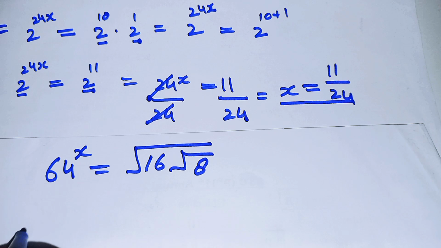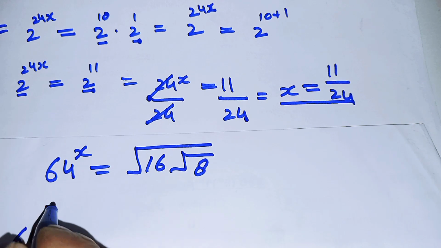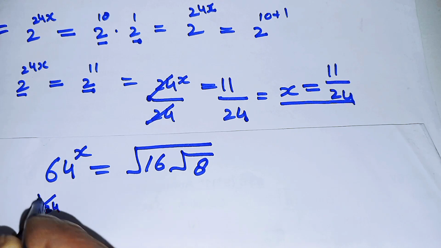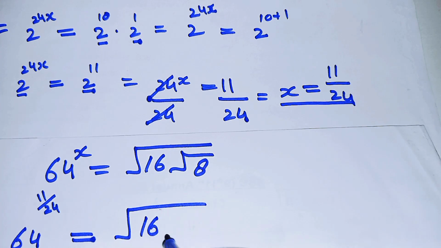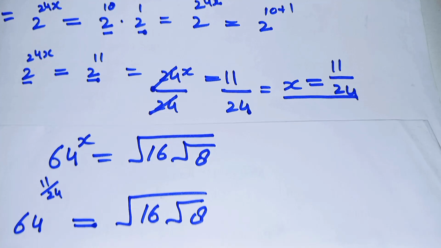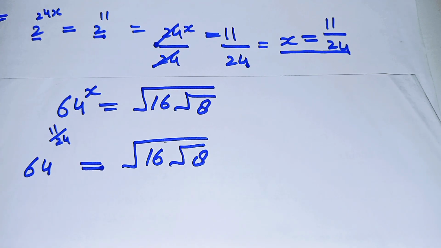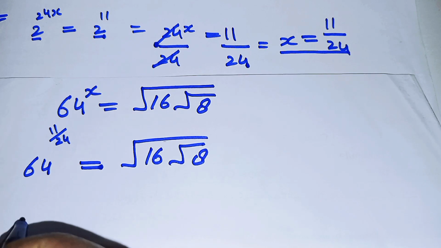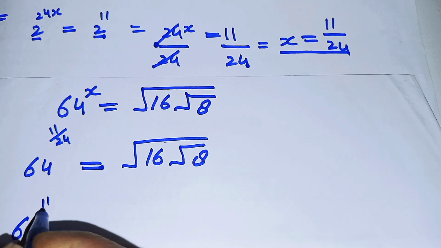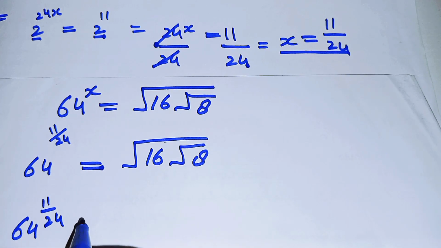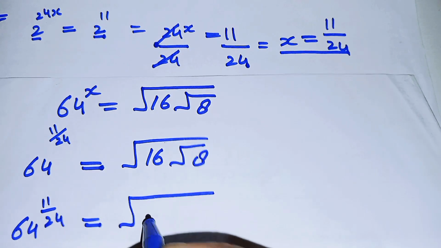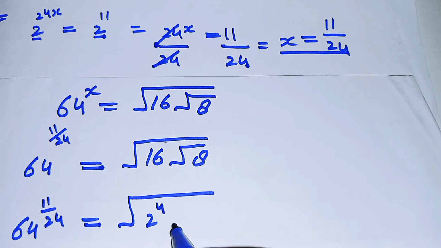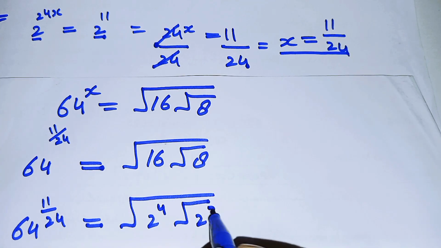So 64 to the power of 11 over 24 is equal to the square root of 16, which can be written as the square root of 2 to the power of 4, times the square root of 8, which can be written as 2 to the power of 3.